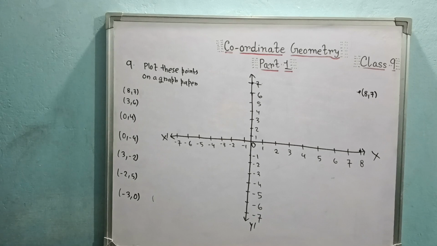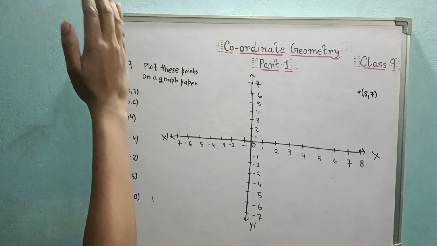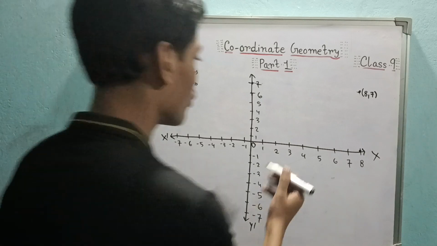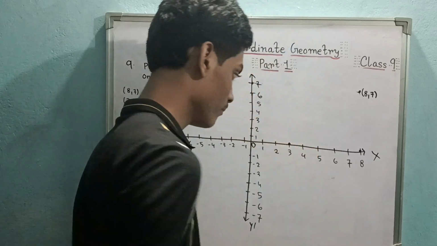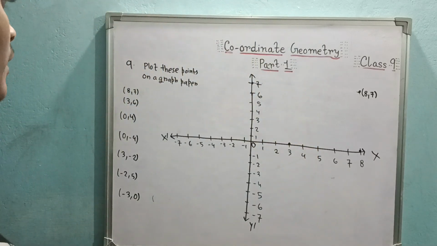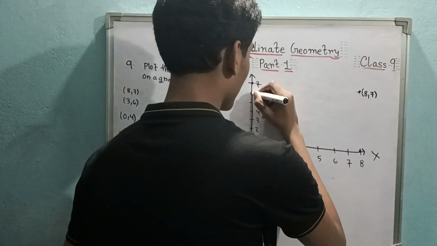Now see 3, 6. Again, abscissa and ordinate positive will lie in the first quadrant. Now 3, the abscissa, means 3 units on x-axis. Abscissa means x-axis, ordinate means y-axis. 3 units on x-axis, so here. And ordinate is 6, that means 6 units on y-axis here.